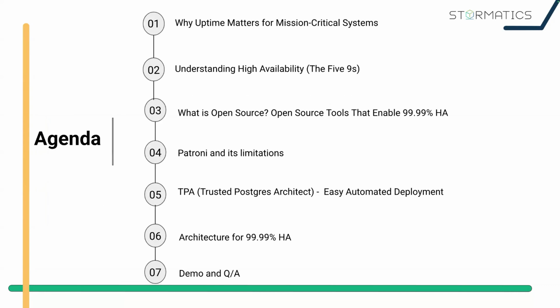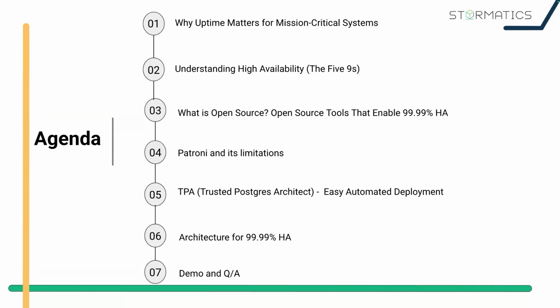So here's our agenda for today. We'll start with why uptime is so critical for mission critical systems. And then we'll move into understanding high availability, specifically the concepts of 5 nines. Next, we'll look at what open source really means and explore the open source tools that help achieve 4 nines of availability.